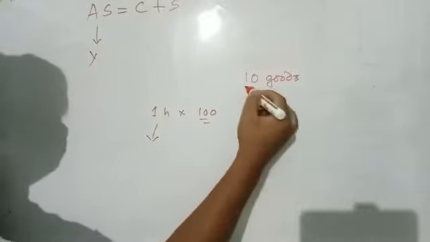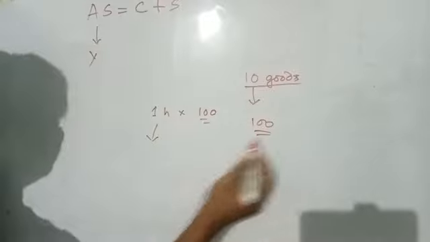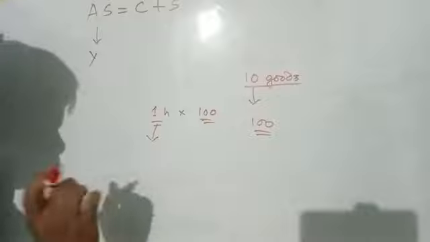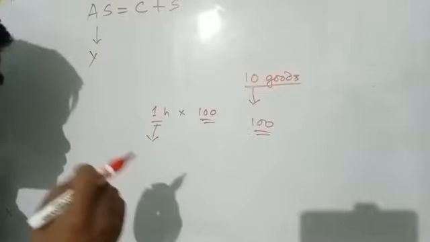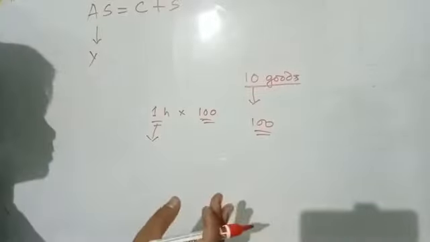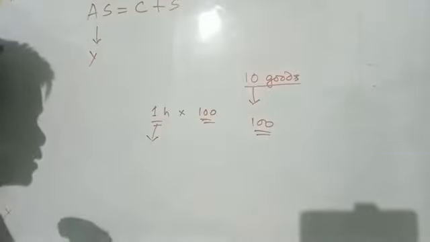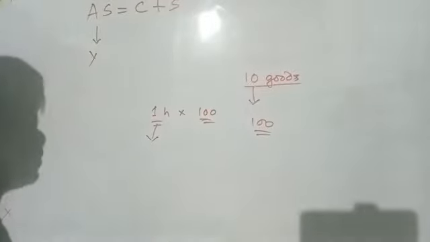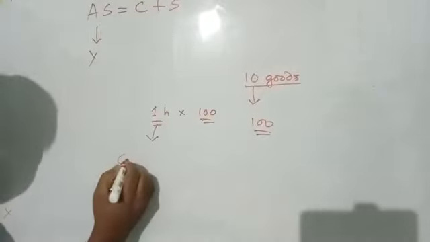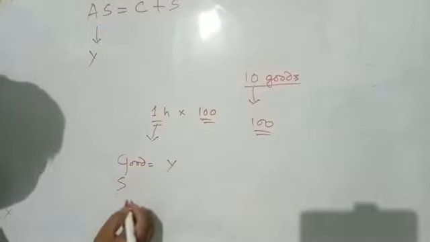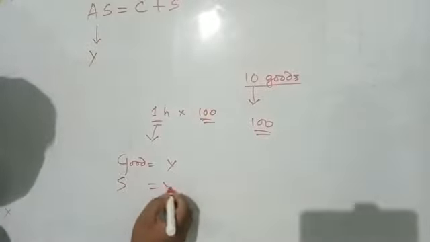So 10 goods means 100 income. 1 hour of labor you supply means 100 income. So actually, if we have goods, that means we have income. If we have services, that means we have income. Because if a laborer supplies labor service, he will get money. If a producer produces goods, he will get money. That means the goods are like income, and the service the labor gives is also like income.